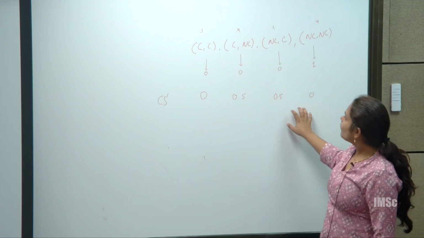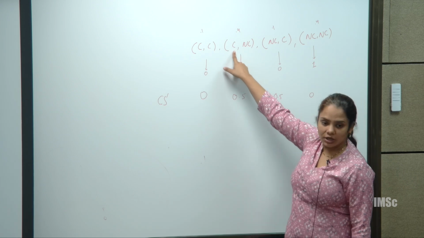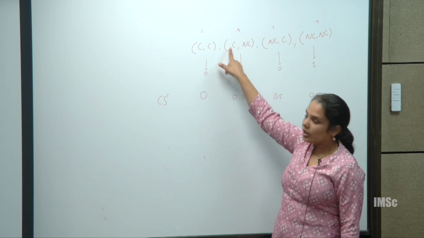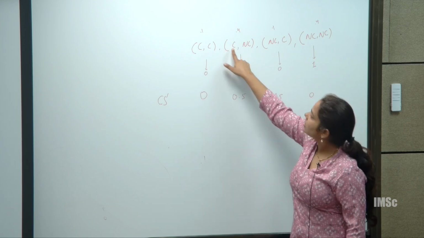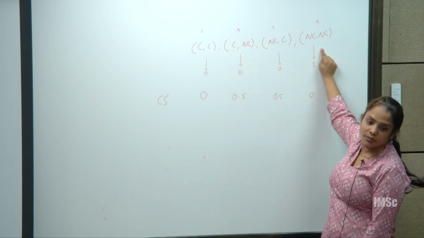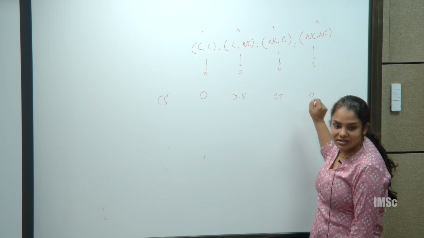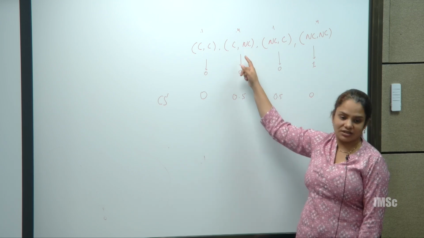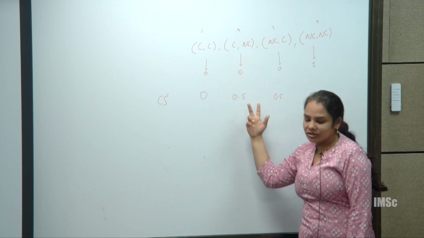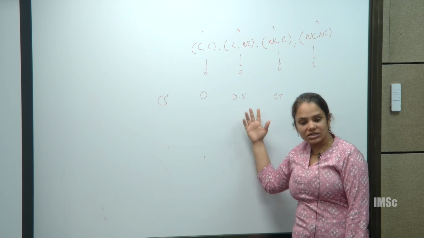Instead of C, you make this person NC. But now because this is NC, instead of alpha you should consider NC comma NC. Then this becomes 0. But the other person is still thinking this person is playing C, I mean, this contract is being implemented. So I will still do alpha.